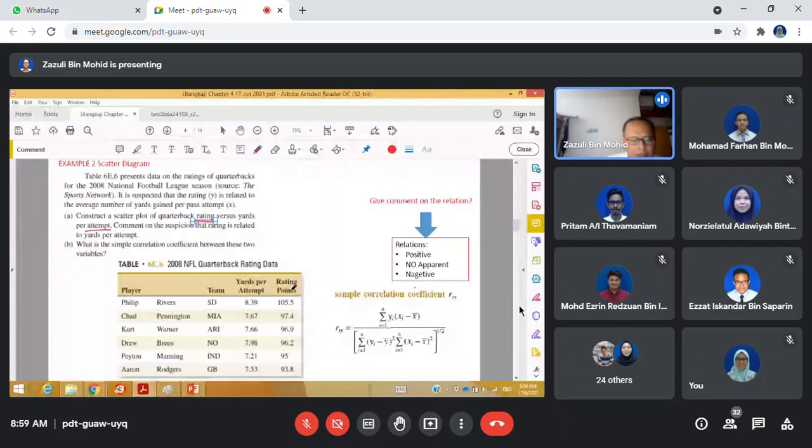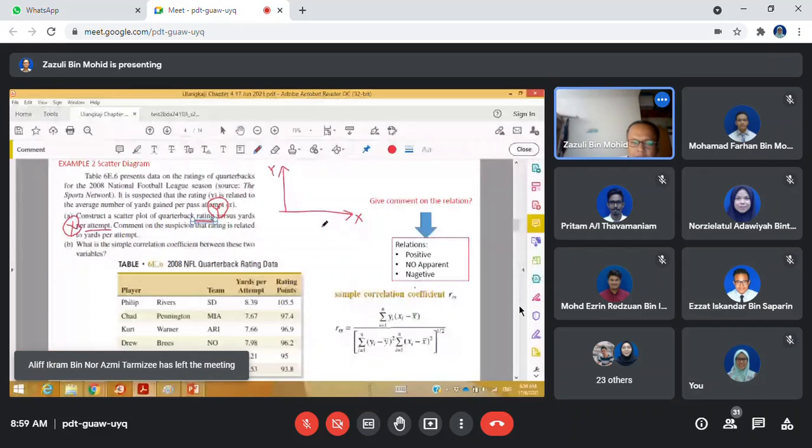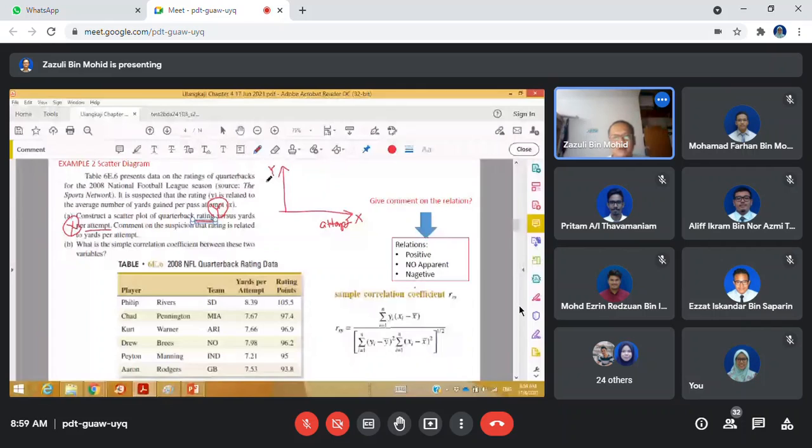So the attempt here is for the X, the rating is for the Y. Okay, you can draw the plot here like this. X, Y, X is attempt, and this one is rating. Okay, so you have two sets of data. Okay, the data is a little bit difficult to plot, but you have to make it anyway.